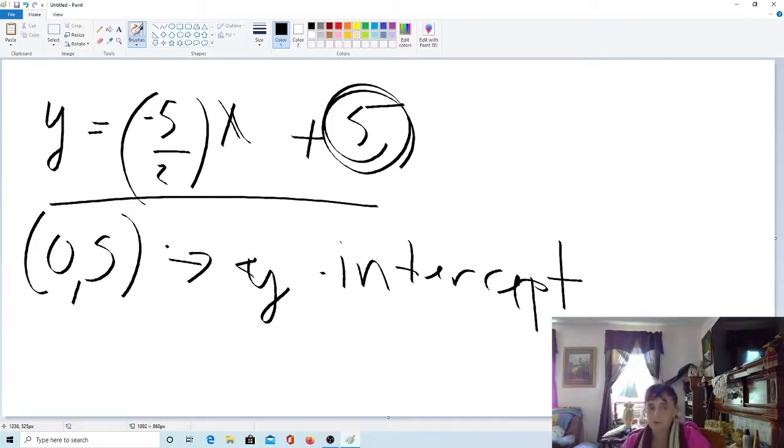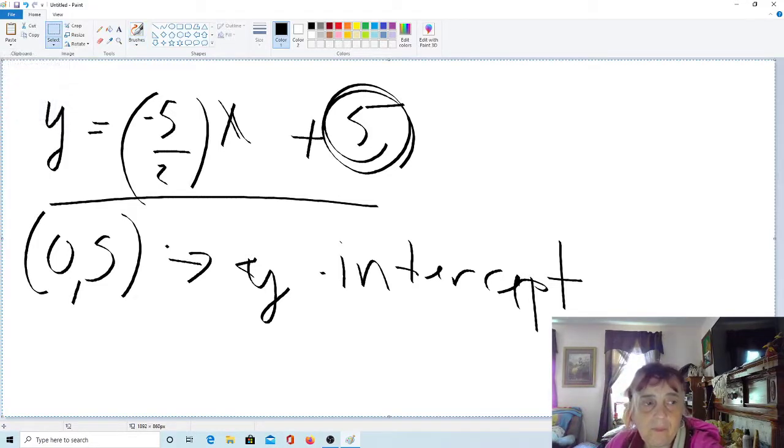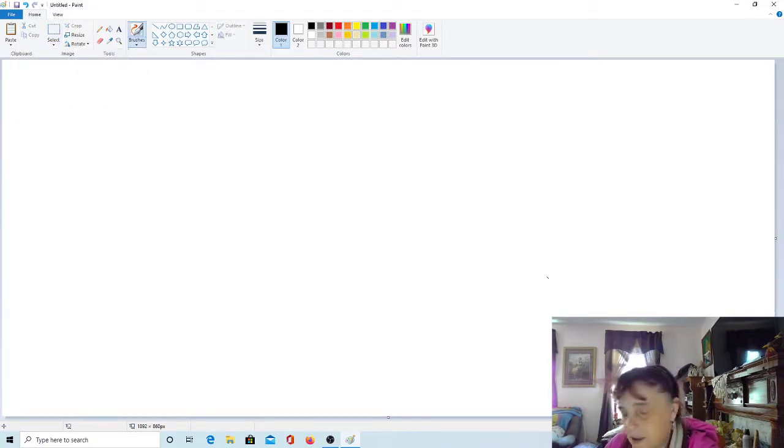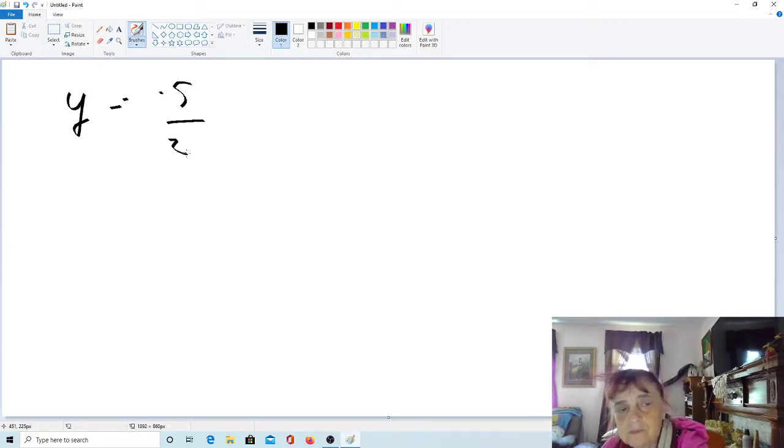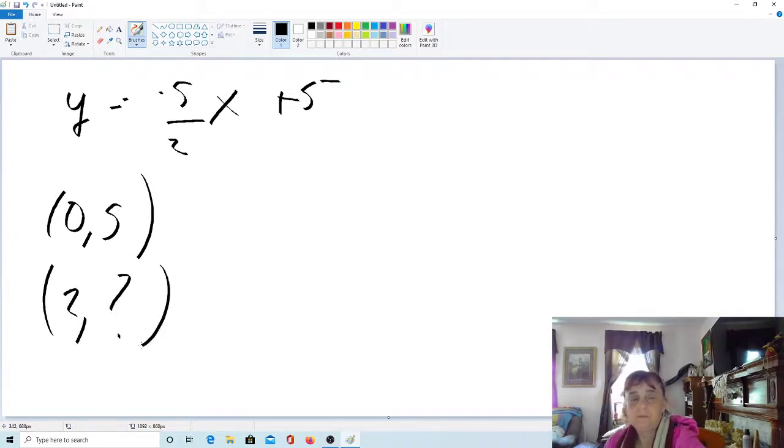Now you can't graph a line with just one point. So (0, 5) is a point, and let x equal 2 and find what y is.